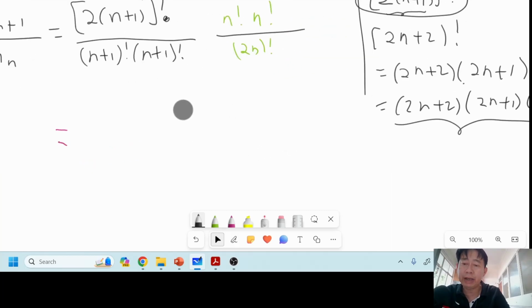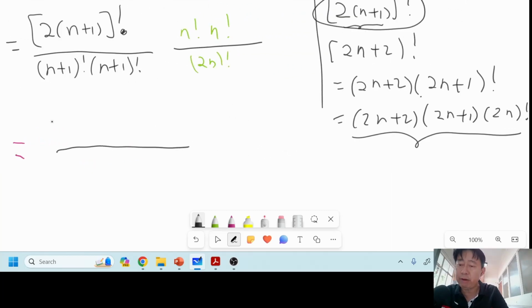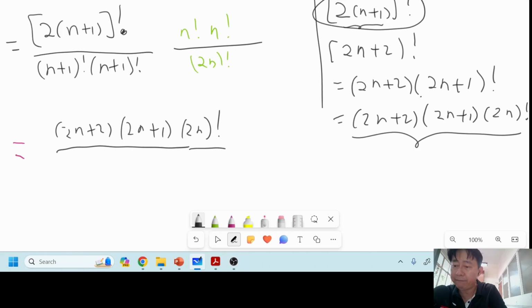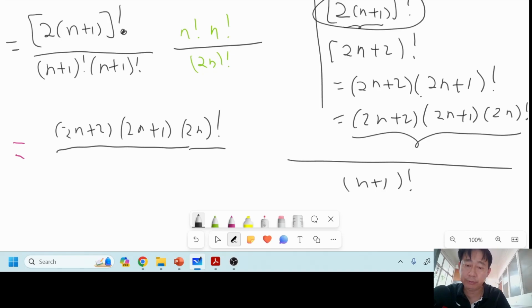Therefore, I'm going to write down this term in the numerator, which is 2n plus 2, 2n plus 1, multiplied with 2n, the whole thing factorial. Then downstairs, I will have n plus 1 factorial. n plus 1 factorial can be easily written as n plus 1 multiplied with n factorial.